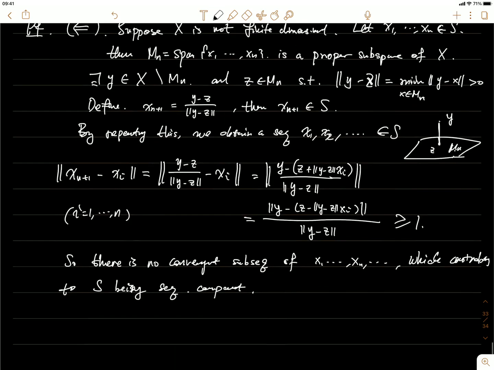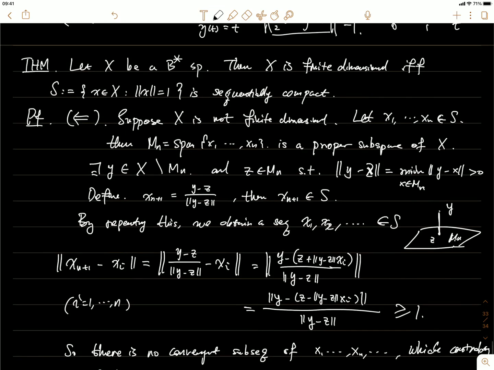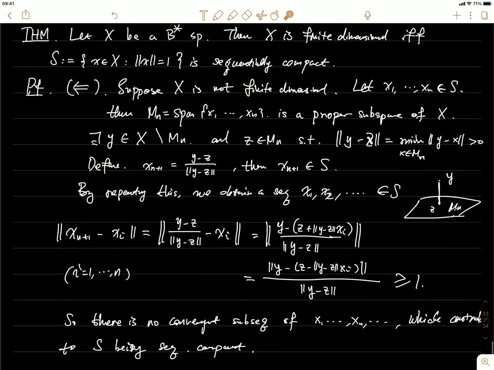Okay, so this is a pretty important result. We can check the dimensionality, whether it's finite dimensional or not, just by checking the sequential compactness of the sphere.